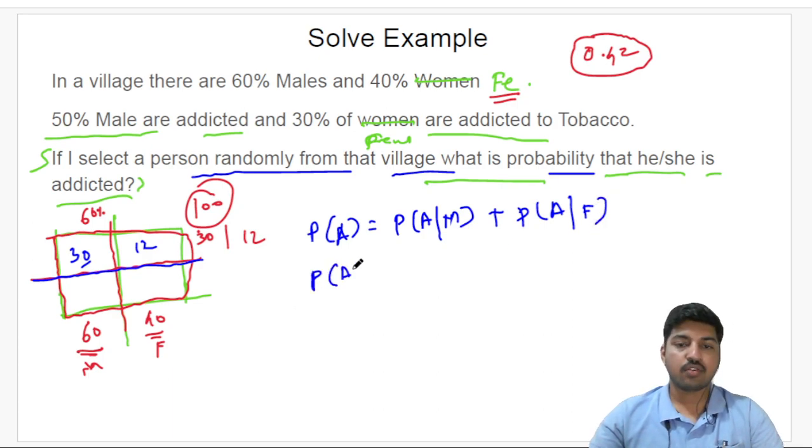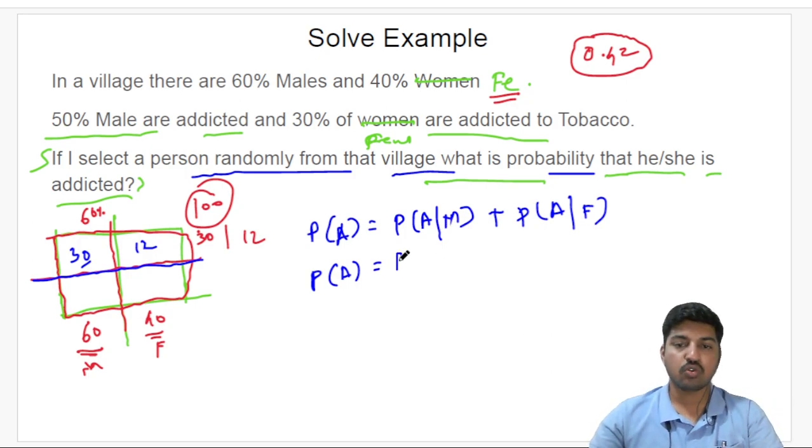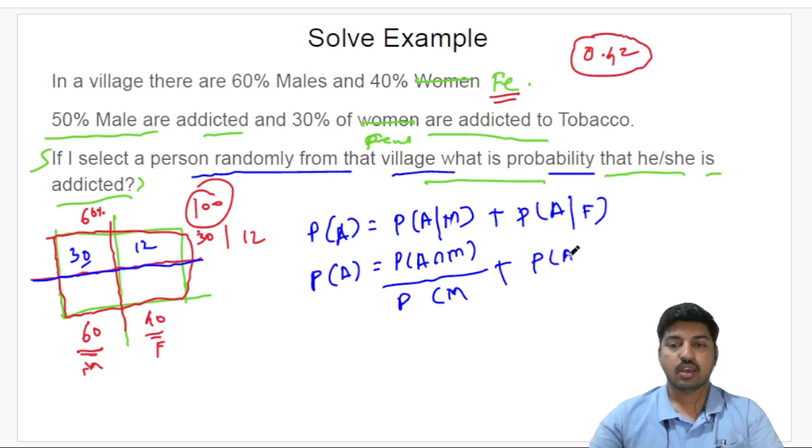The probability of A given M, addicted given male, is equal to the probability of A intersection M divided by the probability of M, plus the probability of A intersection F, which is addicted given female, divided by the probability of F. So what is the probability of male and what is the probability of female?